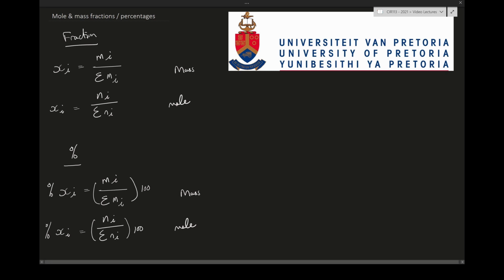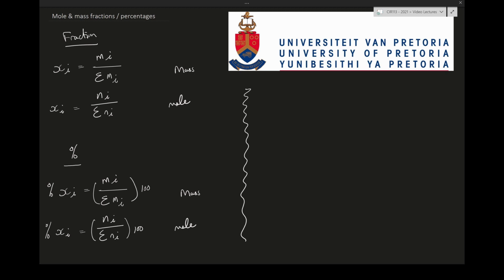Now, the most important thing to remember about mass fractions and mole fractions: when we look at these, we see that the units of the mass fraction is mass of component i over mass total.